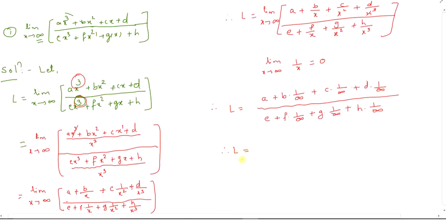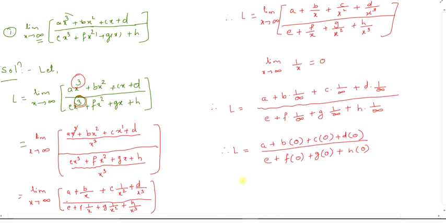Therefore, L is equal to a plus, and what about 1 by infinity? 0. c into 1 by infinity is 0, and plus d into 1 by infinity is 0. And in the denominator again the same happens, f into 1 by infinity is 0 plus g into 1 by infinity is 0, and plus again h 0.